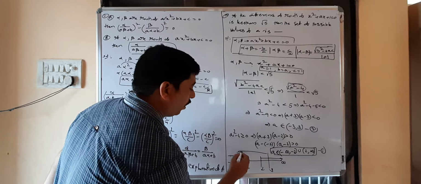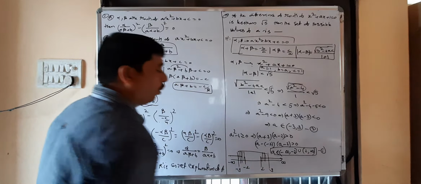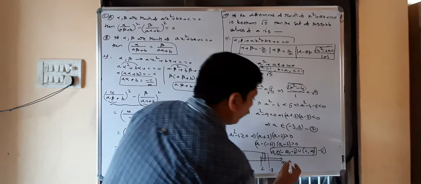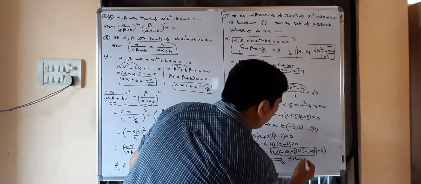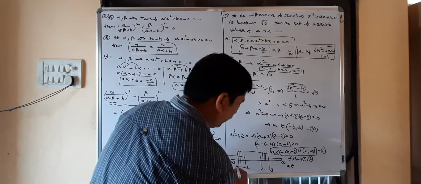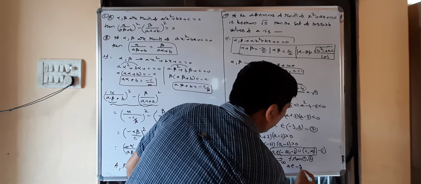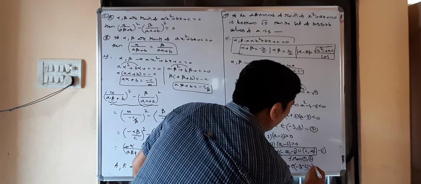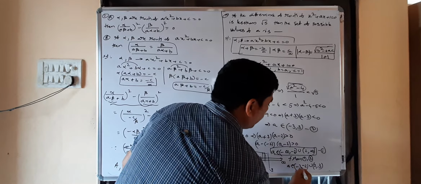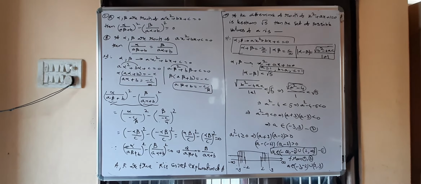So the common interval is a belongs to minus 3 comma minus 2 union 2 comma 3. That is the answer. Copy that problem.